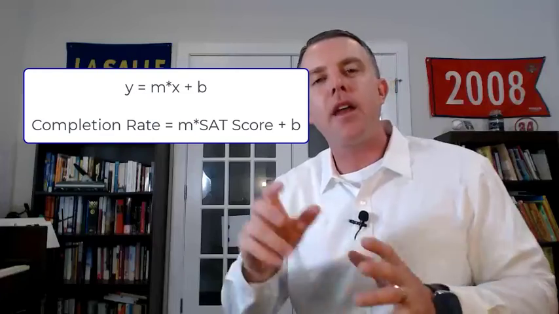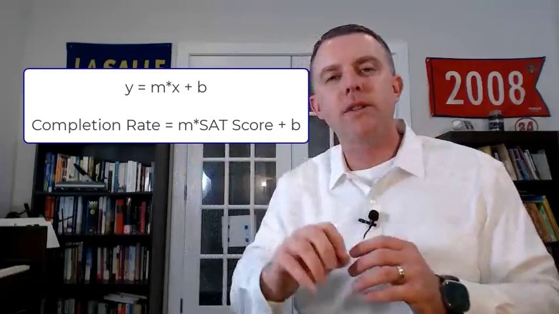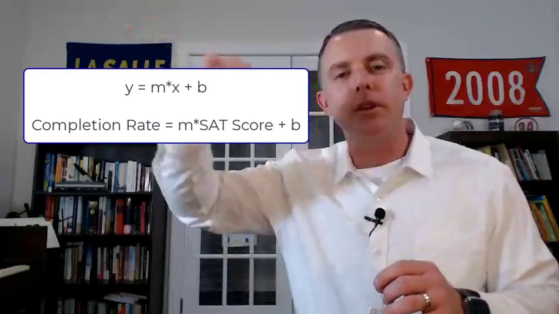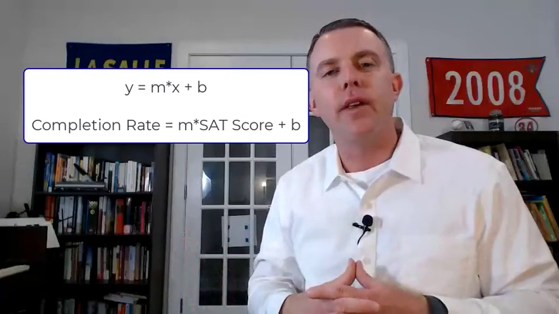And then we have all these data points in a graph, and we can draw a line through it using this idea from Algebra 1. What the line does is it tells us, does it have a positive slope, right? That m in the y equals mx plus b, is there a positive slope? Or is there a negative slope? As SAT score goes up, is there a lower completion rate?